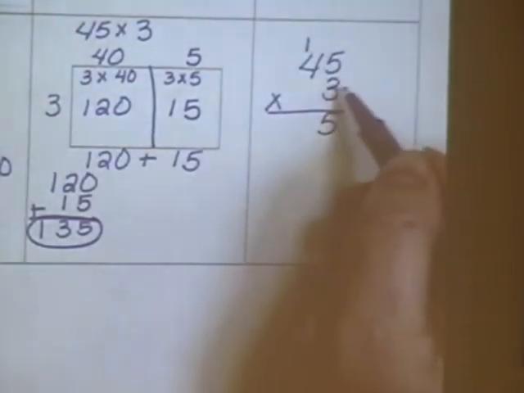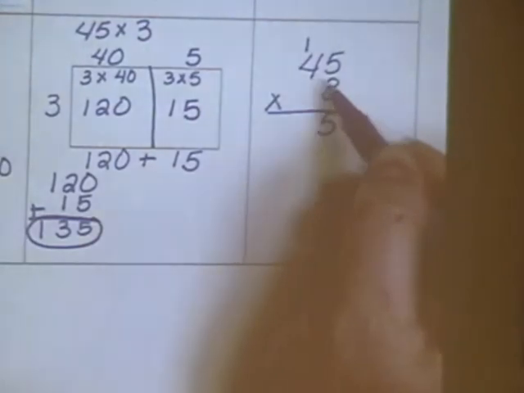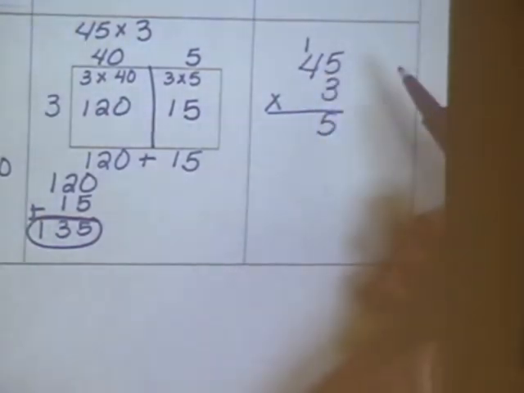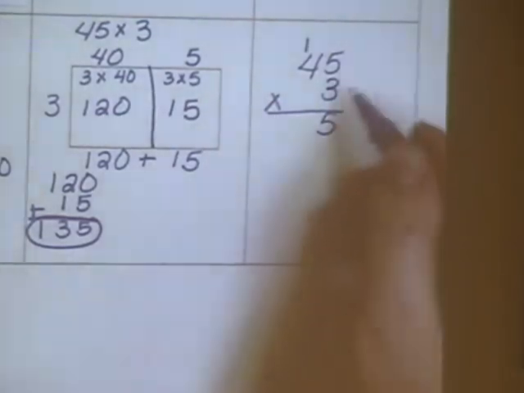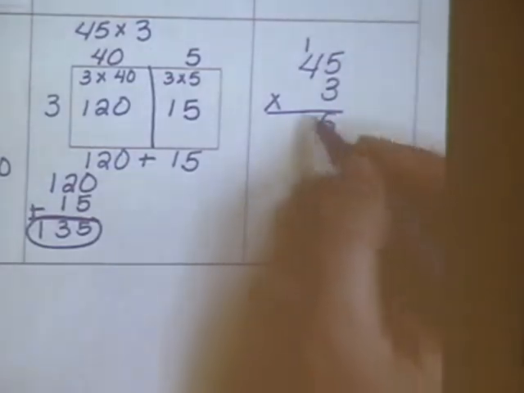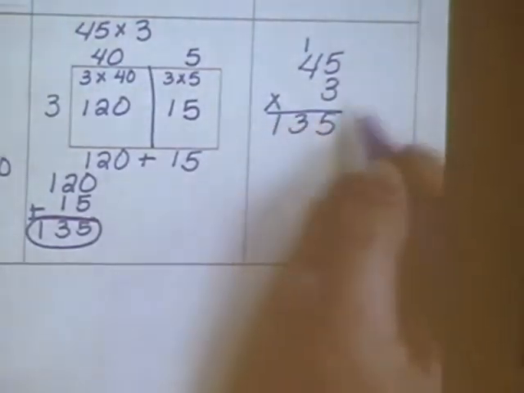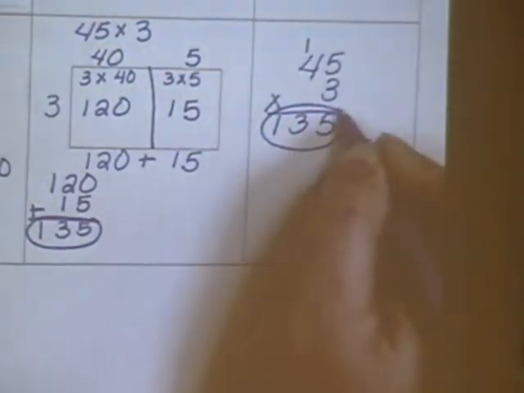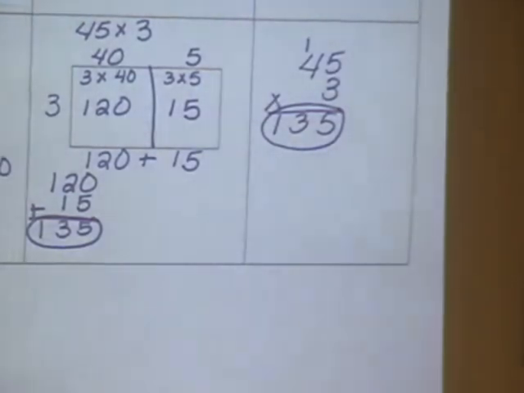So the children understand that it's not just 3 times 4, that really we're saying 3 times 40. It's part of the reason why we do all those other strategies. 3 times 4 is 12, plus 1 is 13. I know it seems like that's a lot simpler, but really all the other strategies help to build a solid foundation for multiplication.